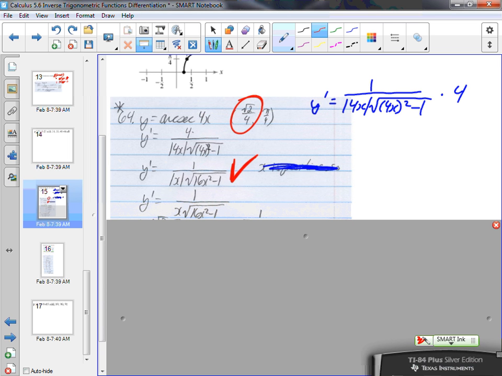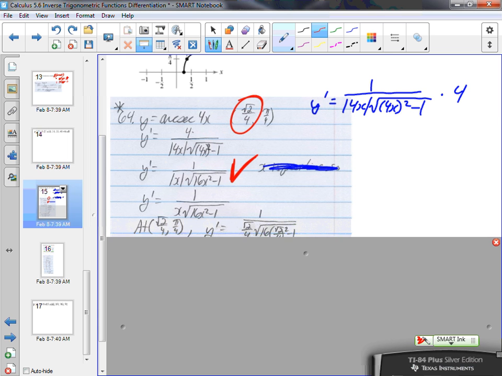Okay? And now we say, at the point square root of 2 over 4, pi over 4, our derivative y prime equals, and now 1 stays 1, that x, and by the way, if I'd left the x in the absolute value signs, and now I plugged in the square root of 2 over 4 with the absolute value signs around it, wouldn't the very next thing I'd do to that be to get rid of the absolute value signs?